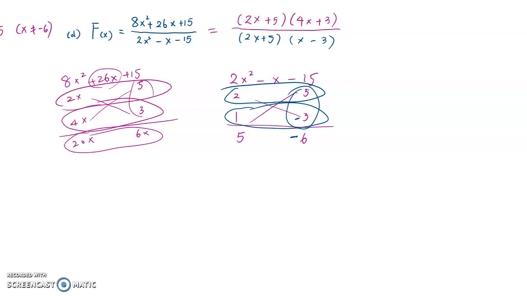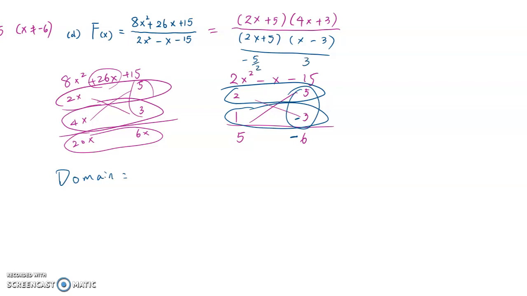First of all, the domain is whatever makes the denominator equal to 0, or the zeros of the denominator. So the domain here is all the real numbers but negative 5 over 2 and 3.